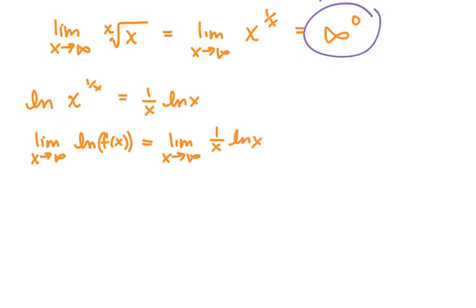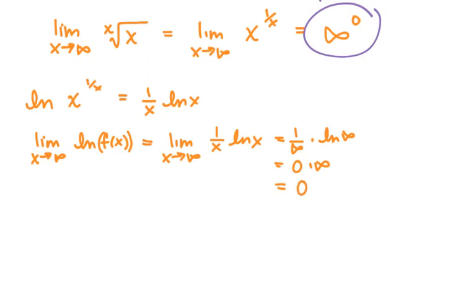So plugging infinity in there, we're going to get 1 over infinity times the natural log of infinity, which gives us 0 times infinity, and anything times 0 is 0.